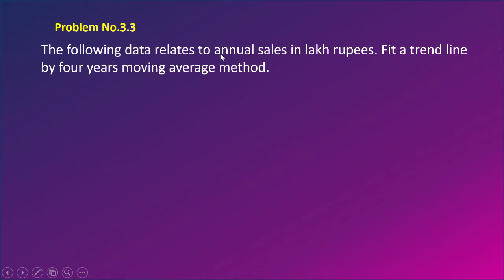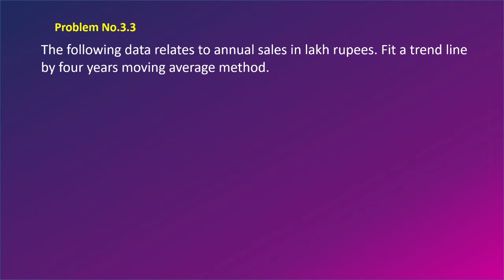The following data relates to annual sales in lakh rupees with a trend line by 4 years moving average. So I hope you can recall our previous class. In the previous class, we have done a problem for 3 years moving average. So here it is 4 years moving average. What will be the difference?